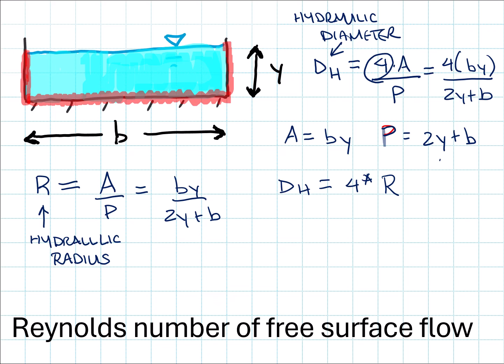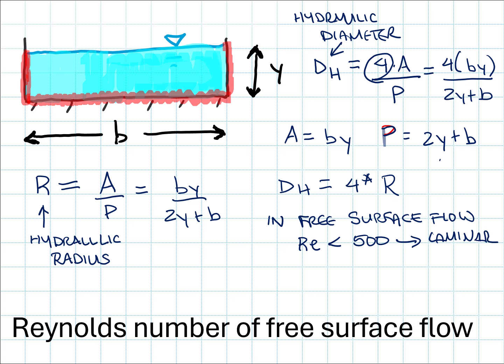So what are we going to do? We have to level out the playing field, and we're going to do it in the way that we interpret the Reynolds number of a free surface flow. So after I calculate a Reynolds number for a free surface flow, if that Reynolds number is less than 500, I'm calling that laminar.